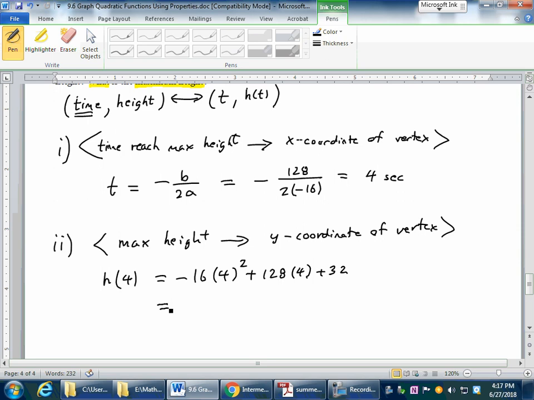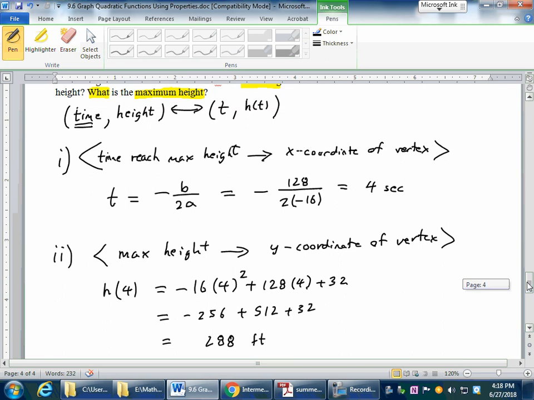So 16 times 16 is 256, negative 256, plus 128 times 4, that is 512, plus 32. My final answer will be minus 256 and then plus 32. That gives me 288 feet. So now I know that the maximum height will be 288.